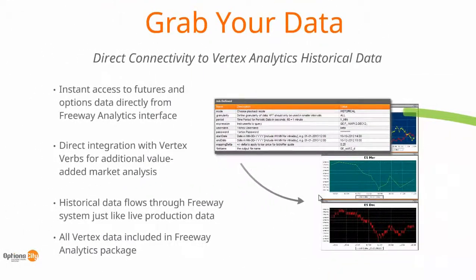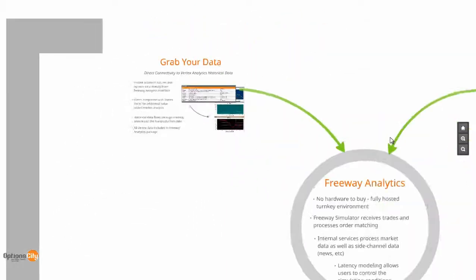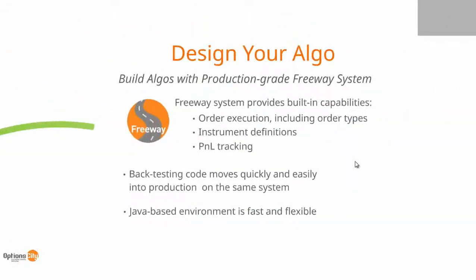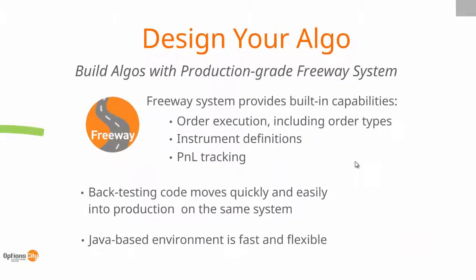From there, that gets incorporated into Freeway, and you can write any of your standard algorithms and run those just like you would live data. In discussing those algorithms, as I mentioned before, a huge benefit to using a platform that's designed both for production and for backtesting is some of the built-in capabilities that it provides that can immediately be transitioned over to production capabilities when you want to actually deploy this algo.